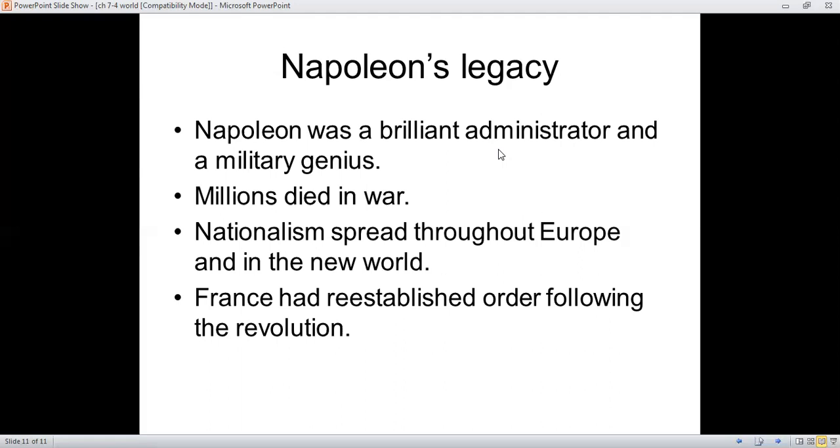He started the idea of nationalism, which means that the people should be united not by borders or by religion, but by whatever is common between them, that there has to be no boundaries between the people. Nationalism started to spread throughout Europe and in the New World.